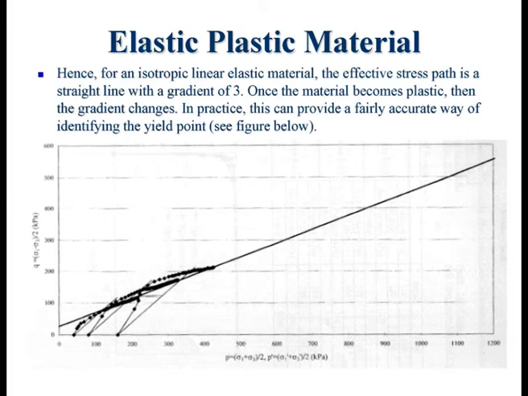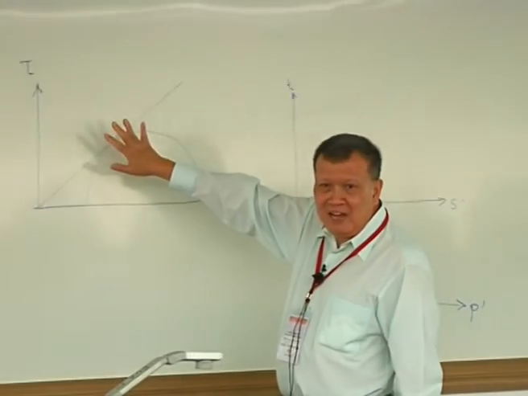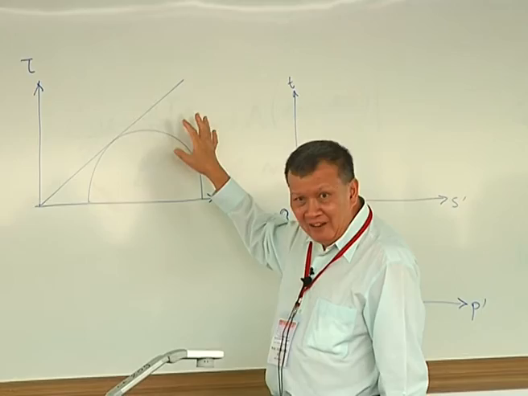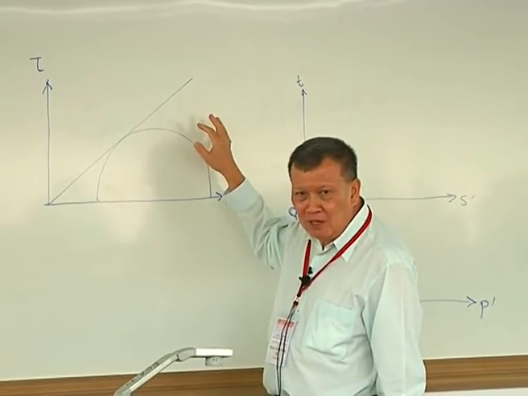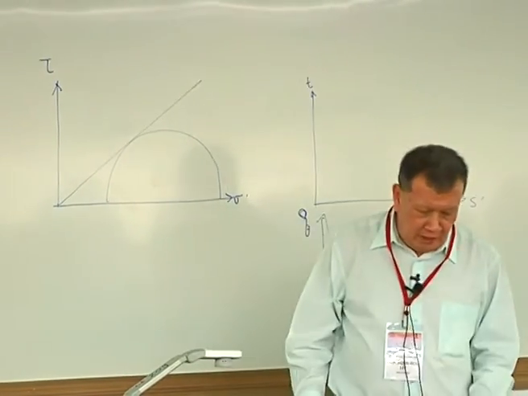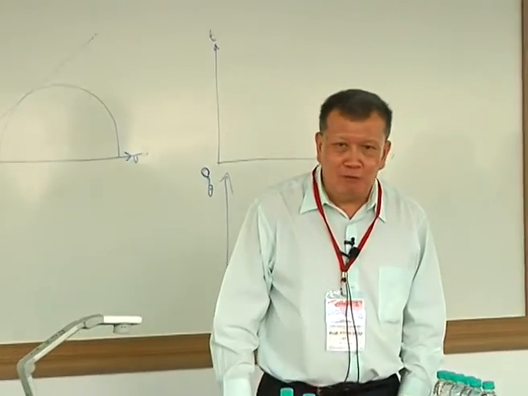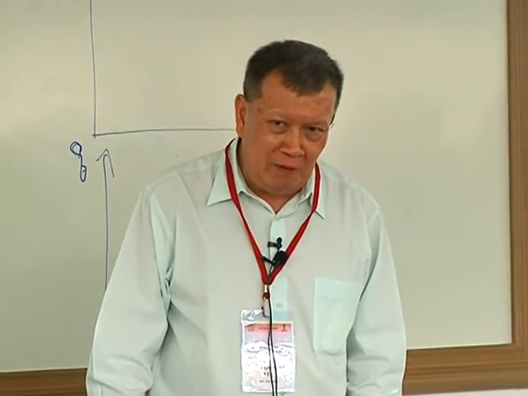This is how the guy drew the failure envelope. This line was not drawn based on this; it is a failure envelope that was deduced from the Mohr circle. He first did the standard Mohr circle. He's got 3 tests, so he got effective stress Mohr circles. When you put the 3 Mohr circles together, very often, if you've seen enough of those, the 3 Mohr circles will not be aligned perfectly.